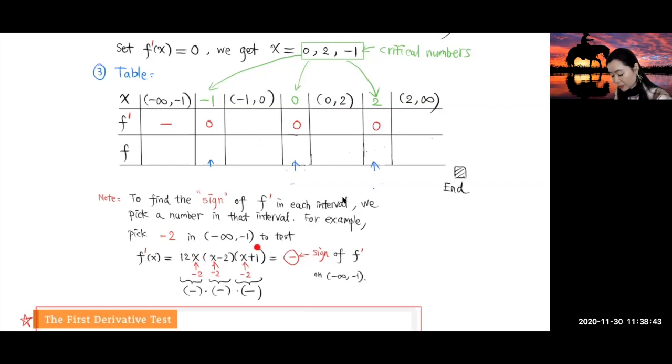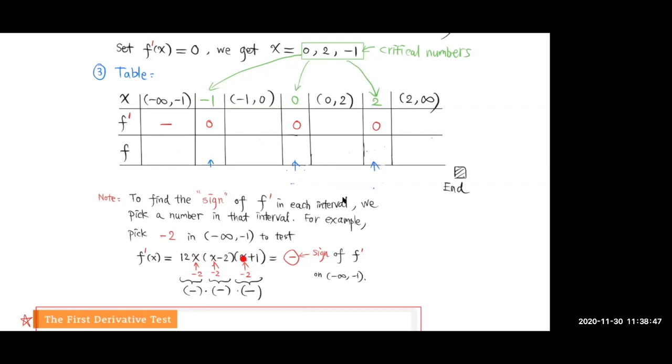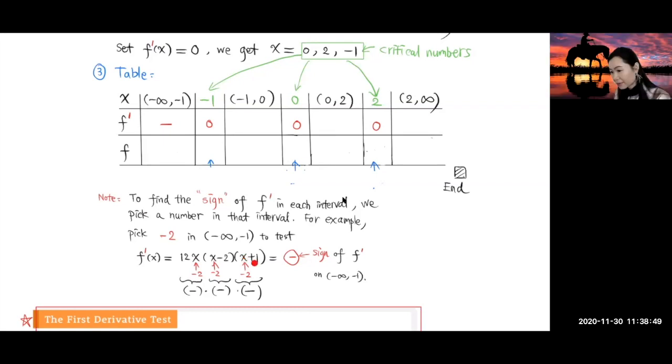And then this one here will be positive. Negative times positive gives me positive, right? So we'll have a positive first derivative here. And similarly, you pick a number here, say 1, substitute into x over here, and you'll get negative.